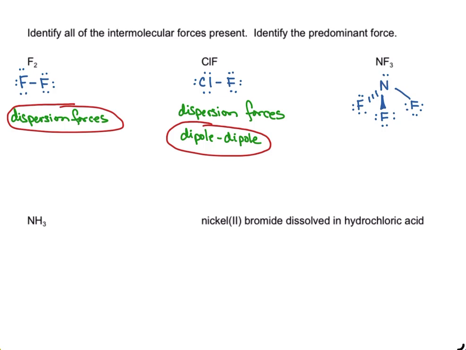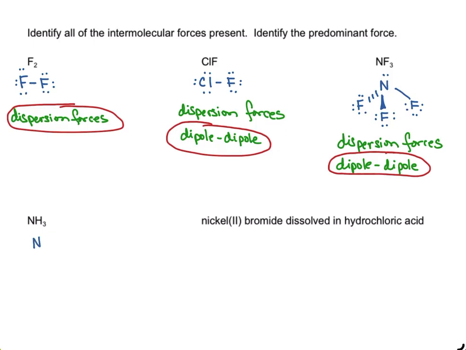So all of the forces that are involved in this molecule is dispersion forces, because all molecules have dispersion forces. This is a polar molecule, so it also has dipole-dipole. Between these two forces, dipole-dipole is the predominant force.